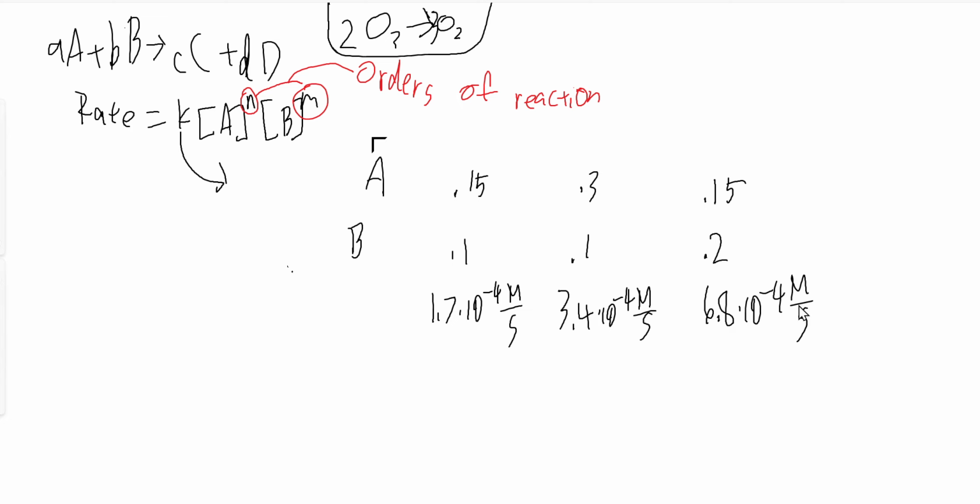Now, this is a quadruple of this rate, which would mean that the reaction is second order in B, because the rate changes by the factor squared. So if we doubled B, we would get 4 times the rate. If we triple B, we would get 9 times the rate.